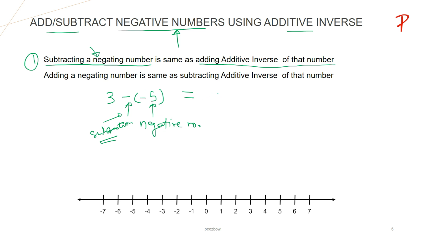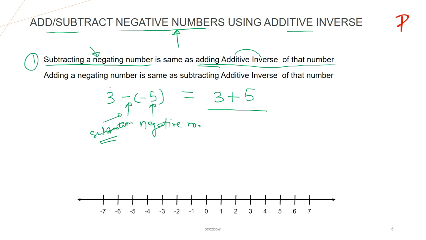So 3 I will keep as it is. So this is going to be adding. So I will add plus additive inverse of that number. What is additive inverse of minus 5? It is 5. Getting this point? So 3 minus minus 5 is equal to 3 plus 5.